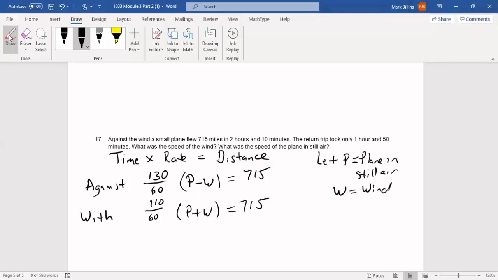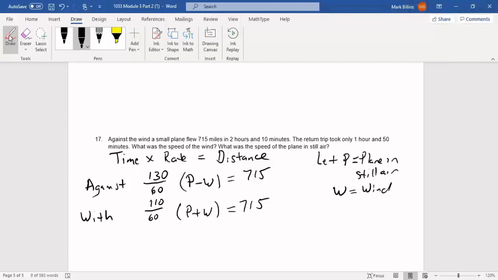So at this point, you have a couple of choices. One choice is to distribute these fractions times each one of these variables. In other words, multiply 130 over 60 times P minus W. And then on the second one, multiply 110 over 60 times P plus W. But I want to offer a solution to make it a little bit easier.